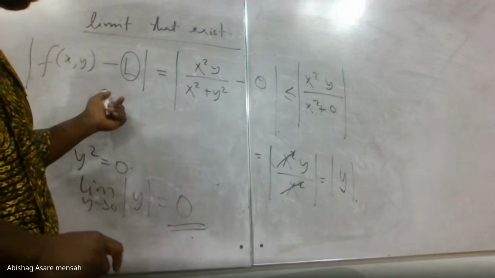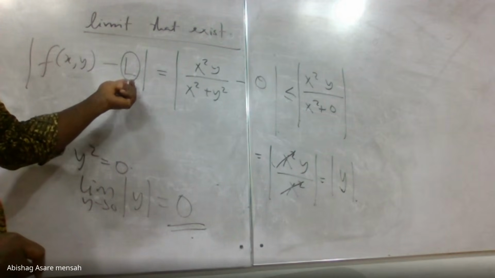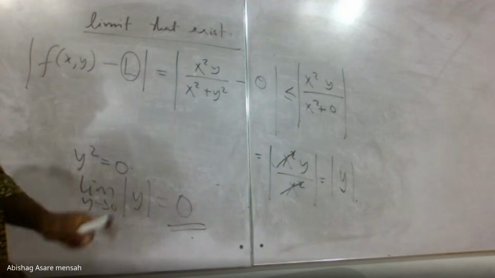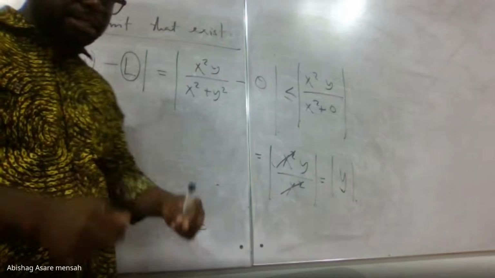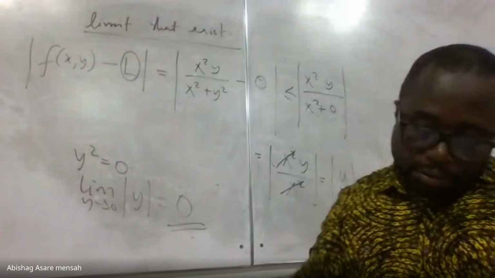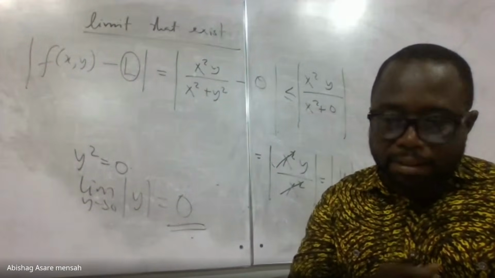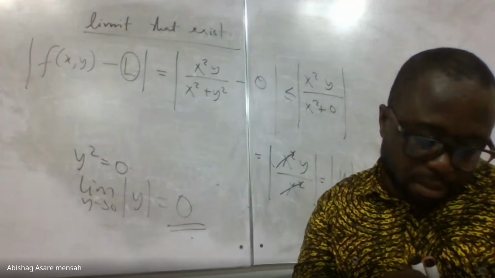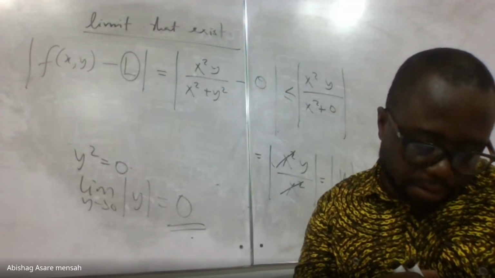Then I also subtracted the L from the function and found the absolute value. Setting y squared equal to 0 also gives me 0. So now I conclude that yes, the limit of the function given exists.